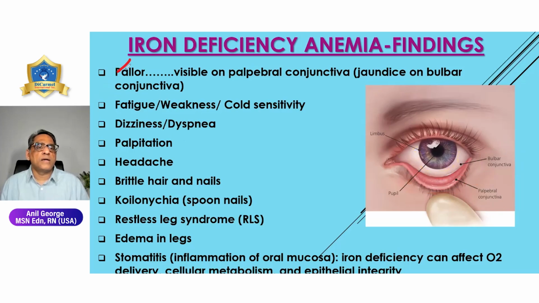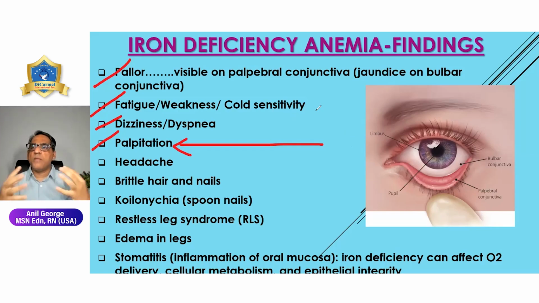So again, pallor, one of the classic findings, fatigue, weakness, cold sensitivity, dyspnea, dizziness, palpitation. A super important piece of information is that, wherever possible, you must try to know the reason, which is the pathophysiology that applies. So, how does palpitation happen? Remember, the primary function of RBC or hemoglobin is to transport oxygen.